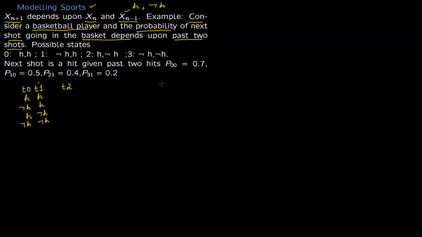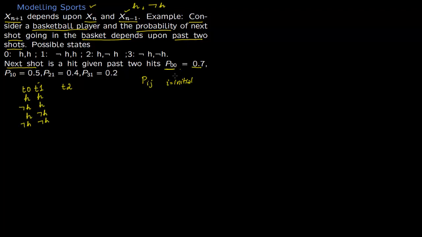Now we assign some probabilities. P00 is 0.7, that is, the next shot is a hit given there were past two hits. Remember Pij, i is the initial state, j is the final state, and Pij is the probability of going from i to j.